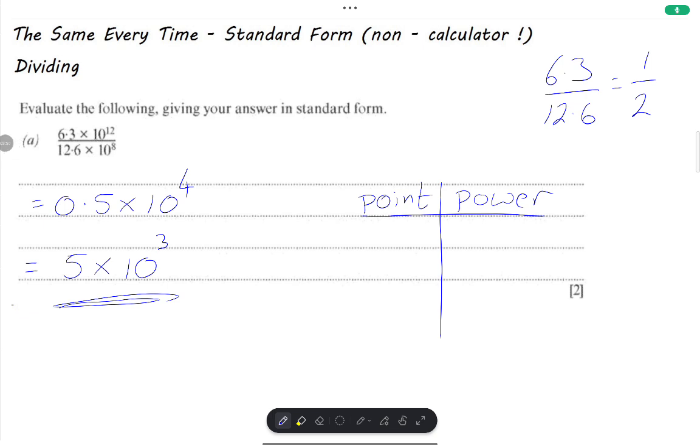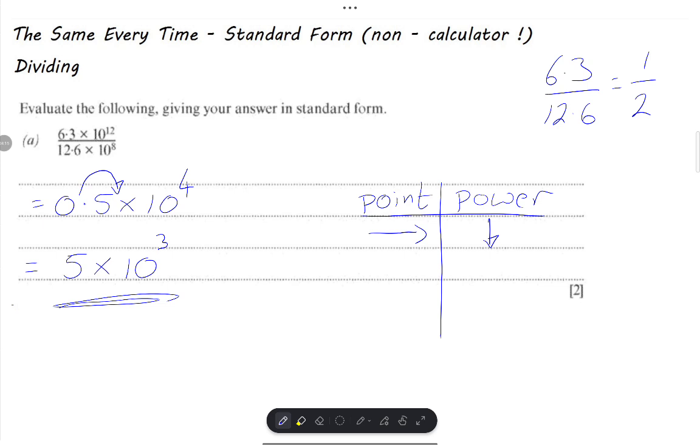It might be useful, if you get a little bit confused by that, to remember it like this. If I'm moving my decimal point to the right, so in this case I'm moving my decimal point to the right by 1 place, I have to move my power down. So if I move the decimal point in the leading number to the right, I have to move the power down by 1.